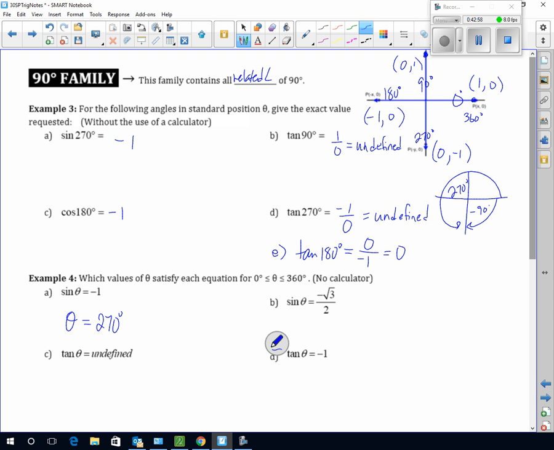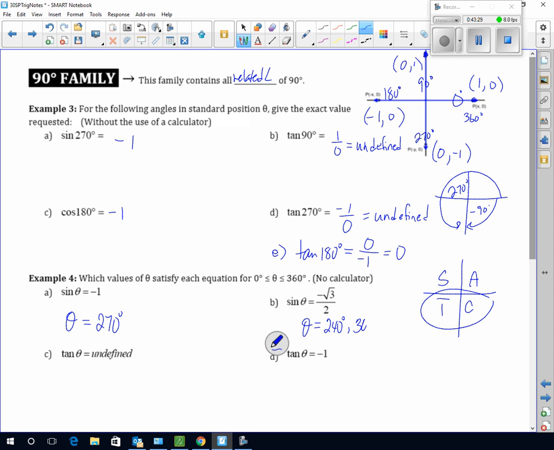Here, I'll put the cast rule up just so you can see a visual. Where is sine negative? 3 and 4, right? So which related angles that are referenced to 60 are in these 2 quadrants? 180 plus 60 is 240, and what's that one? 300. Oh, it's all coming together now, right?